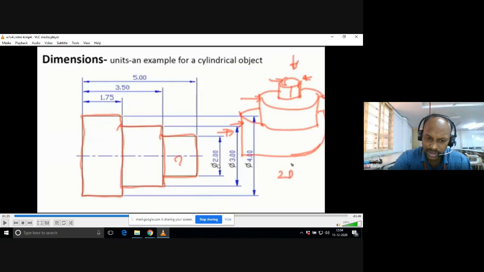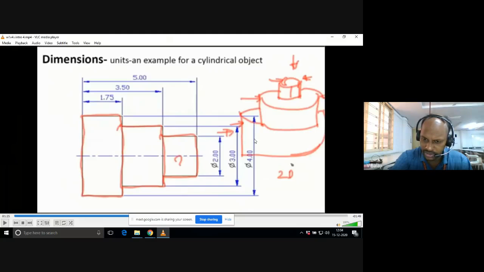Phi symbol means diameter. And the next cylindrical portion is a little bit larger, right? So 3 units is the second diameter. And the bottom cylindrical portion has the biggest diameter in the given figure. That comes to the outside.